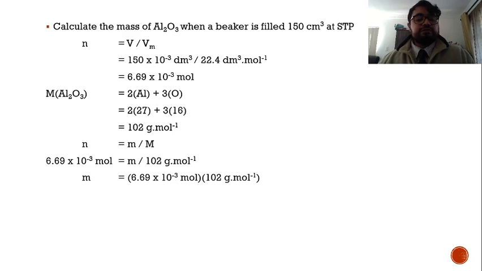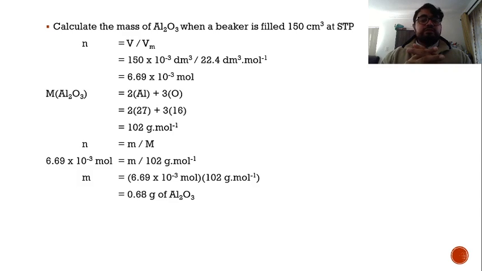If we rearrange the formula, the subject becomes small m, which is our mass, and that equals 6.69 times 10 to the minus 3 mole times 102 grams per mole. If we put that in our calculator, we get an answer of 0.68 grams of aluminium oxide. So that's how we interlink the number of mole formulae. I could give you an example where we use number of particles and we could find mass.